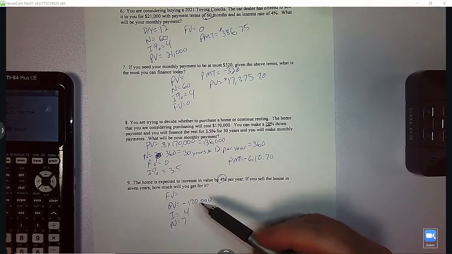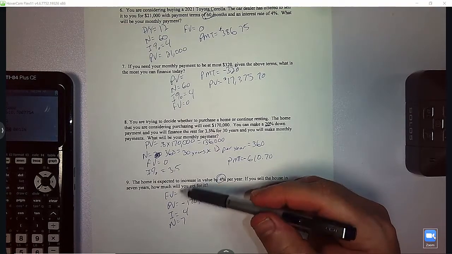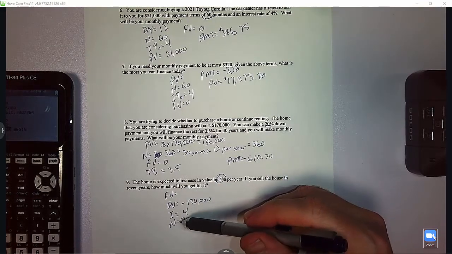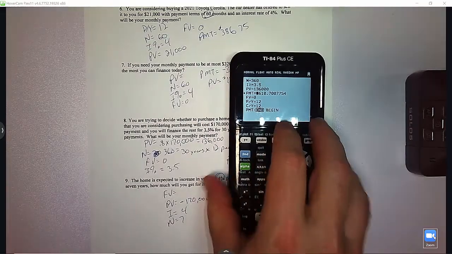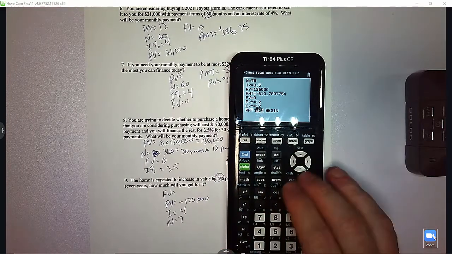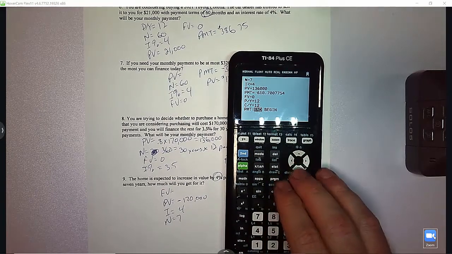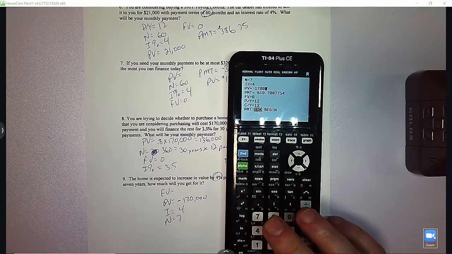So my question is, how much will this present value grow? What value will it grow to in 7 years if it's increasing in value by 4% a year? So in my calculator, I'm going to go to N. My N is now 7. My interest rate is 4. My present value is this negative $170,000.